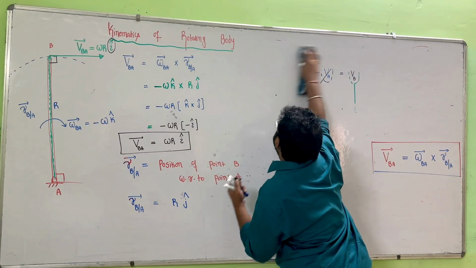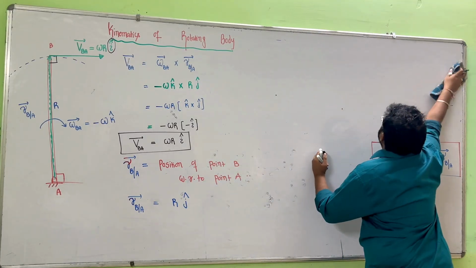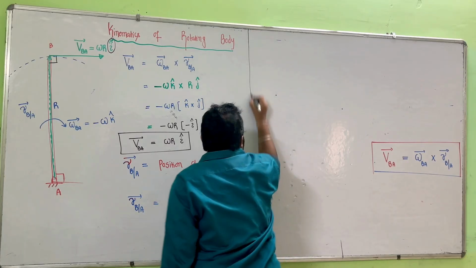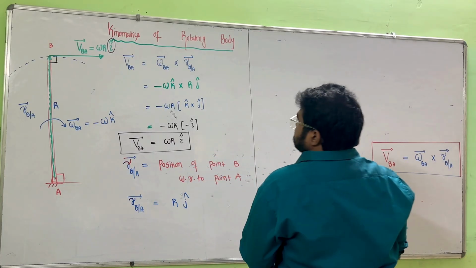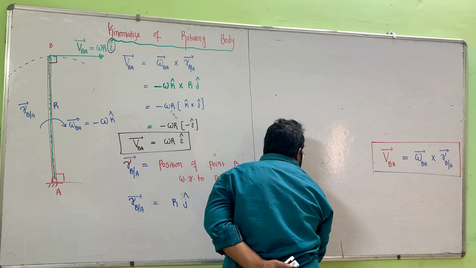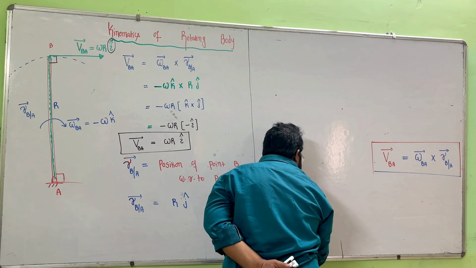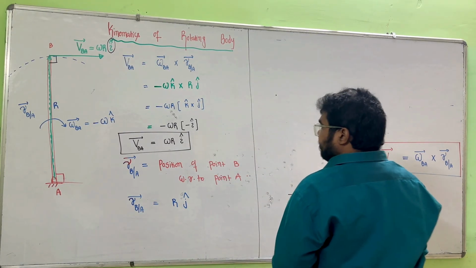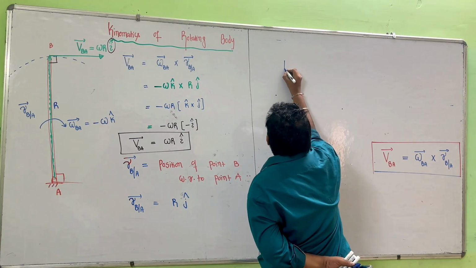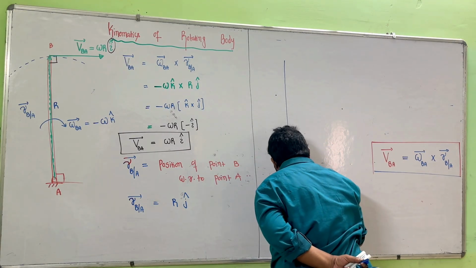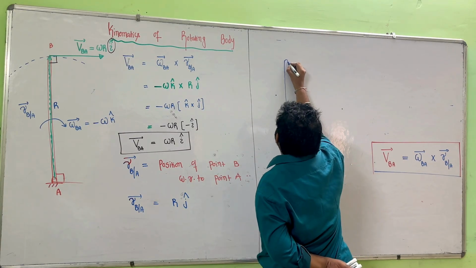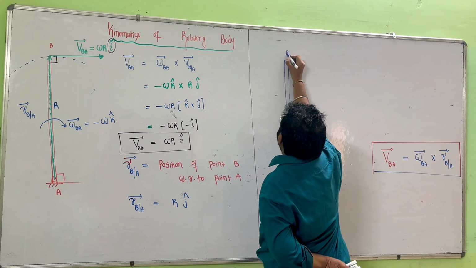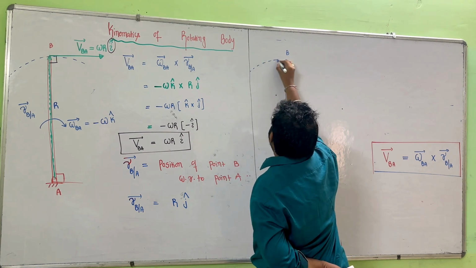If you take another sense, see this, here to here, this is the rigid body AB.